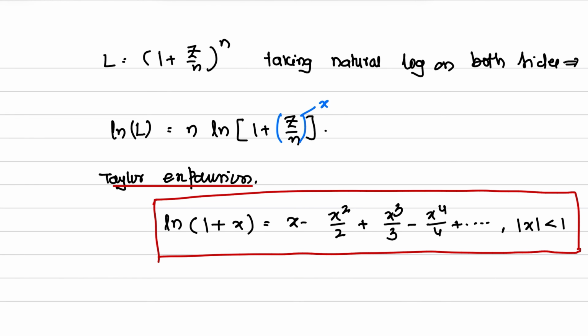Now, let x is equal to z by n. Then, what happens? ln(1 plus z by n). Replace x by z by n.